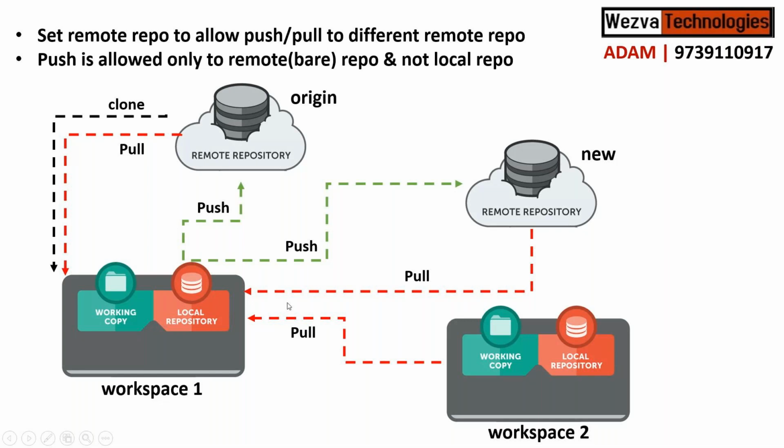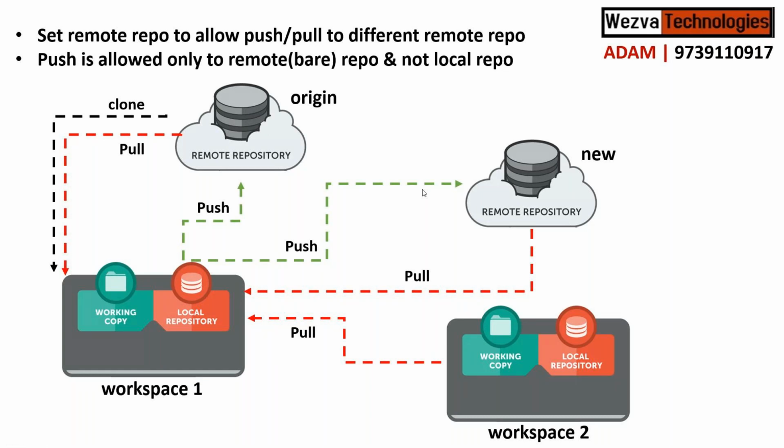If it's confusing, just remember this much. A push can be done only from a local repo to a remote repo. Push cannot be done from one local repo to another local repo. However, pull can be done between a local repo and a remote repo, or a local repo and another local repo. So this is why Git is called a distributed version controlling system.